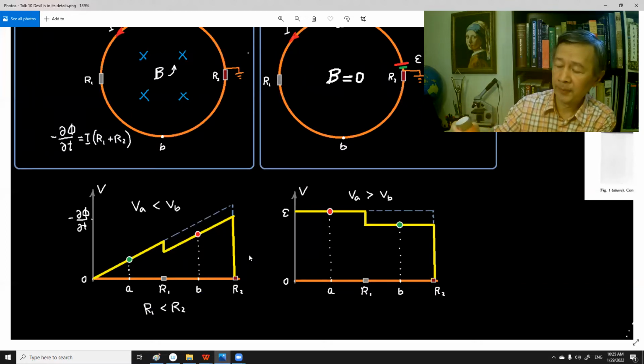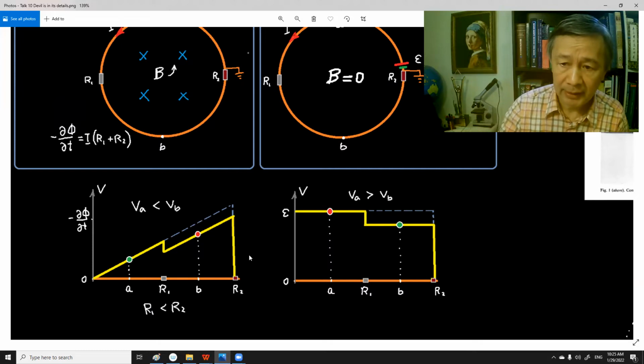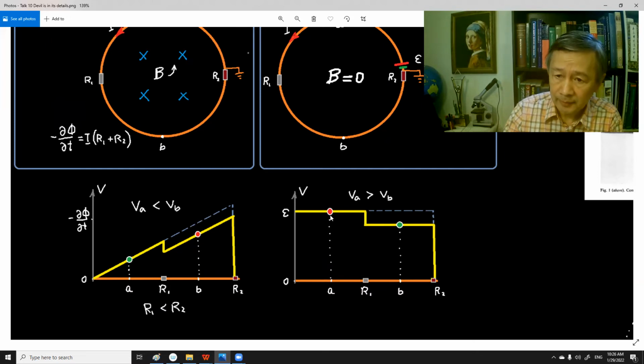The two points of interest are called A and B. In this particular setup, the potential at A is higher than the potential at B. However, in the case of the circular loop, in the absence of a battery, the potential at A is lower than the potential at B.